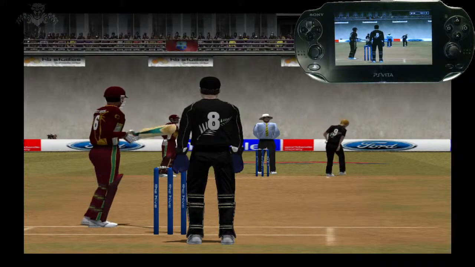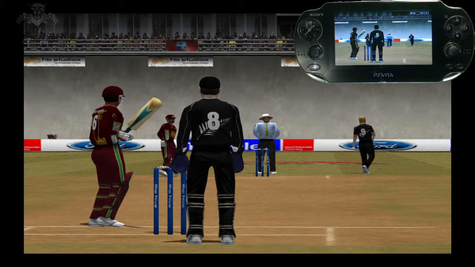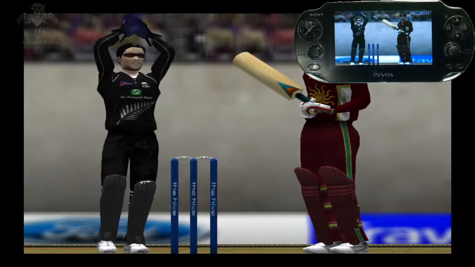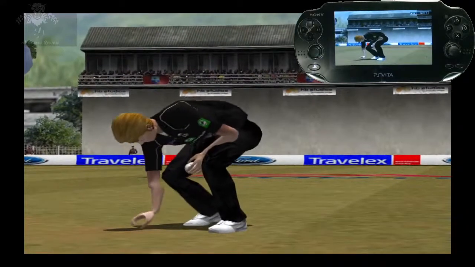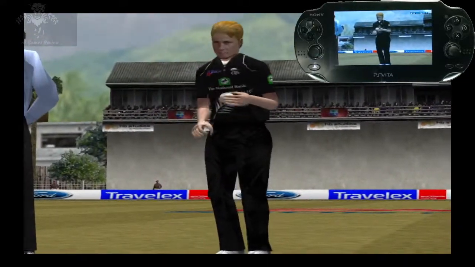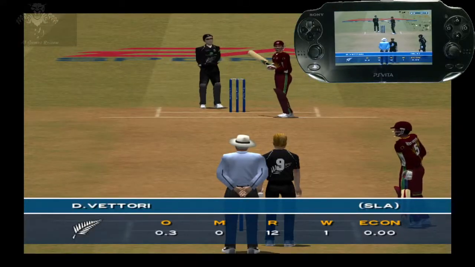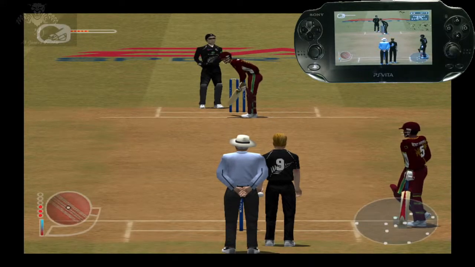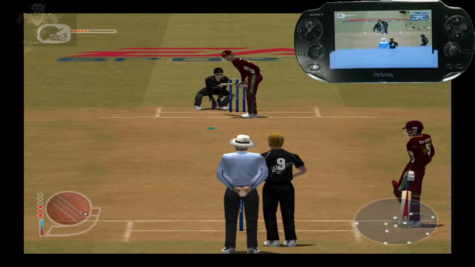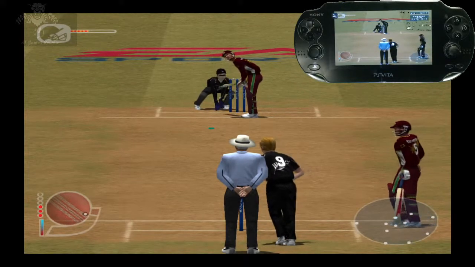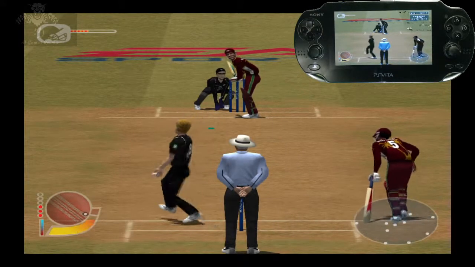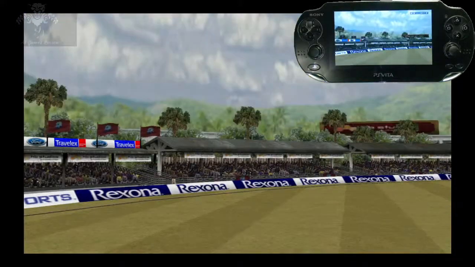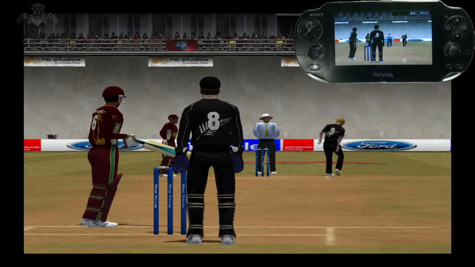He struck 2 sixes now off this over from Vettori. Vettori to Powell. It's 2 sixes off the over now.